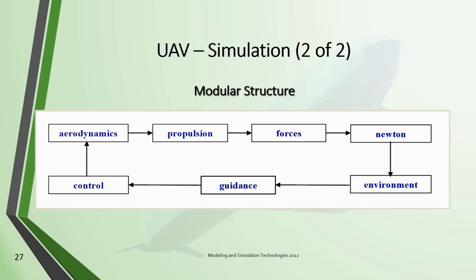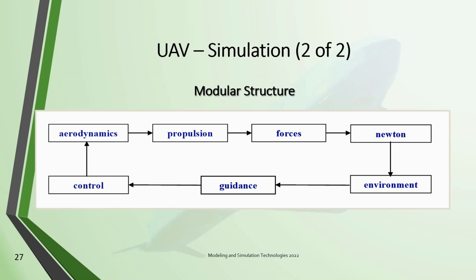Our UAV simulation consists of modules, which is a key of the simulation. It has a modular structure. Here are 7 modules. On the right-hand side, you see Newton's module, where the equations of motion are solved. It's driven by forces. Those forces are generated by propulsion and aerodynamics.